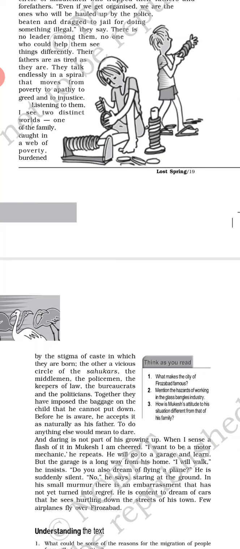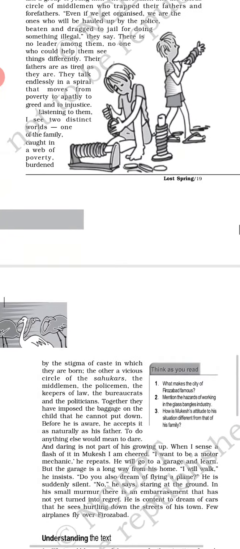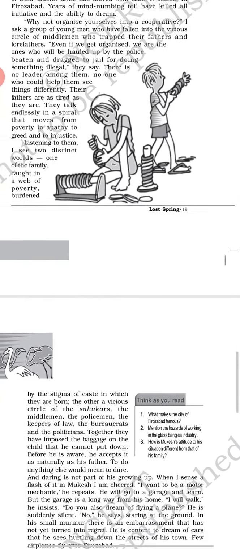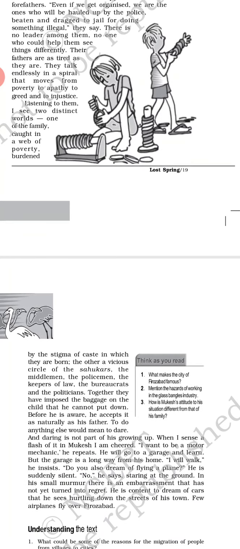Their fathers, forefathers, their predecessors struggled for survival, and these people have been struggling for survival as well, and they don't have the courage to stand up for their rights, and they think that they will only be subjected to misery. Nothing can be done to change their situation, and they keep on talking.